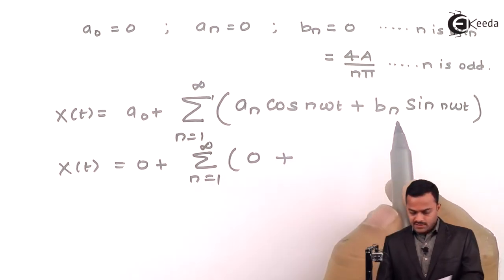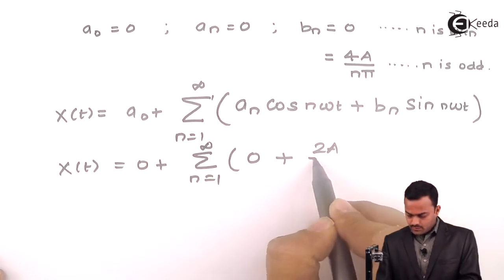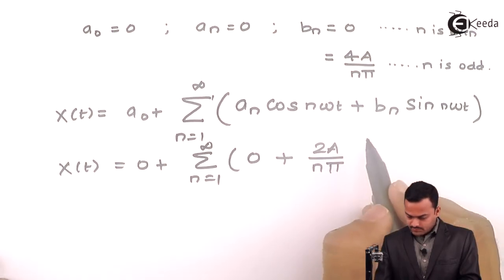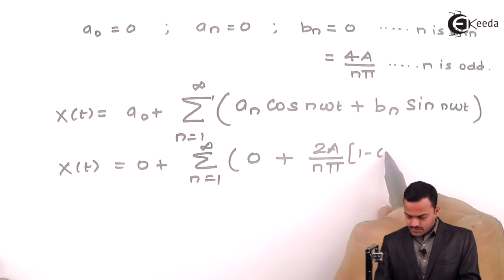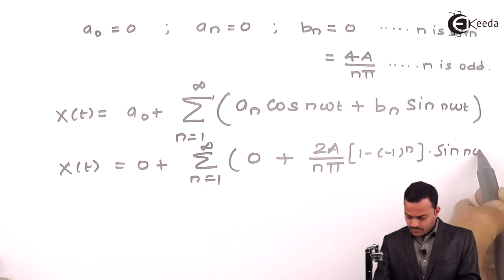We will write a generalized statement like this, so it is 2a upon n pi in bracket 1 minus minus 1 raised to n into sin n omega t.